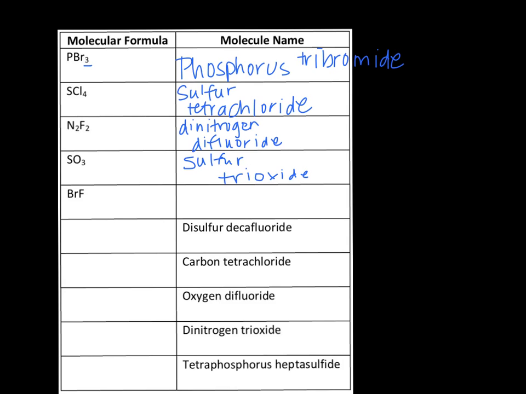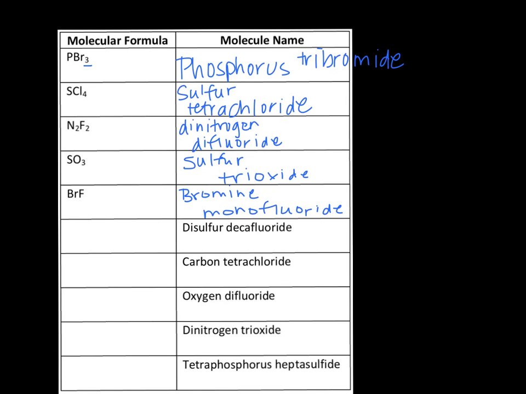All right, after that we have bromine monofluoride. You can't forget the mono on the second one if there's only one of the second element.